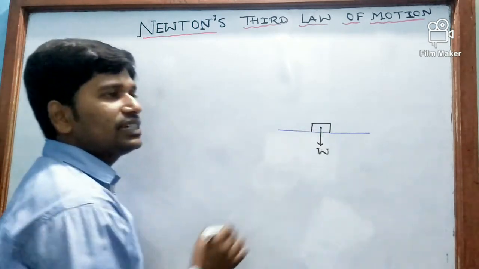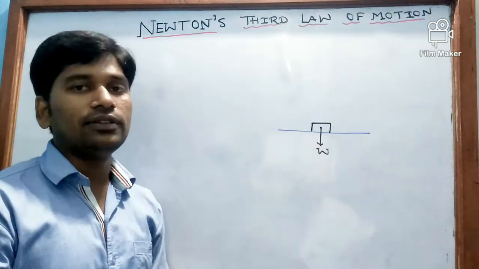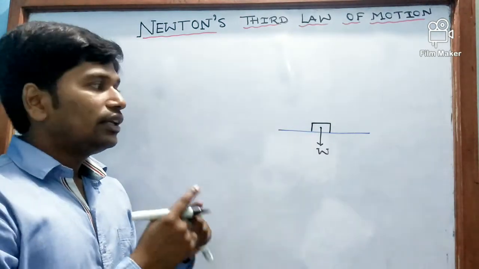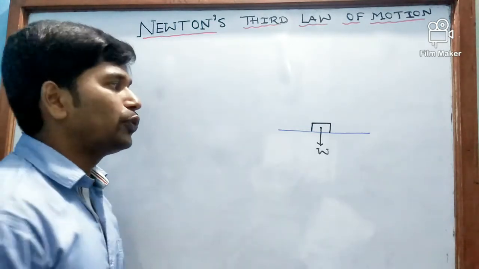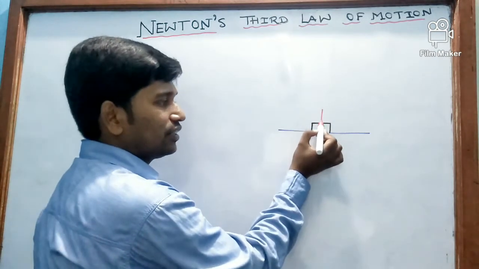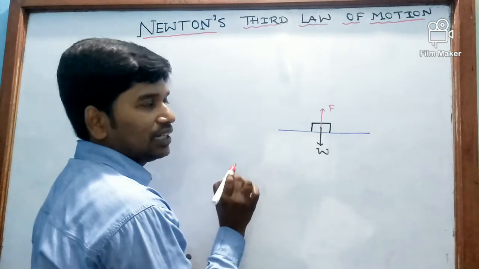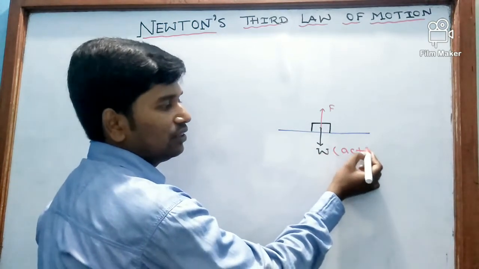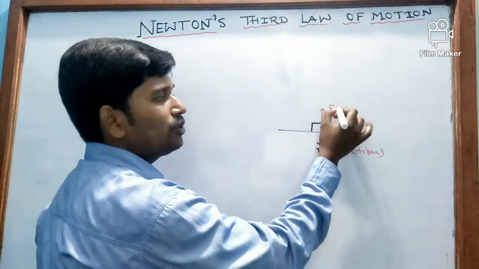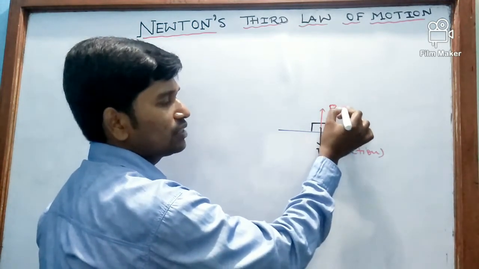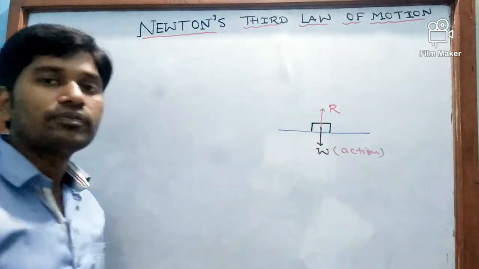This weight is the action exerted by the book on the table. The table exerts an equal and opposite force, that is the reaction, as the two forces balance each other. So this is the action, which is the weight of the book on the table, and this force is the reaction force, and it is exerted by the table.